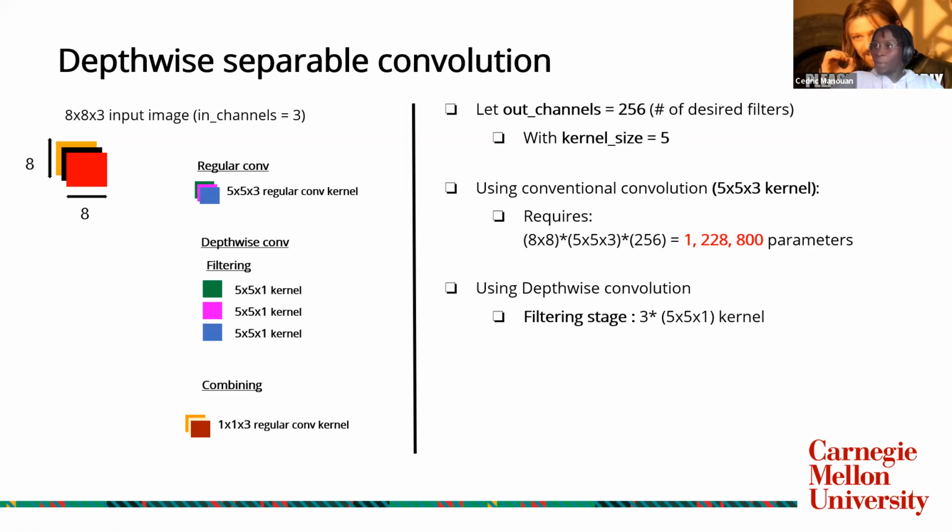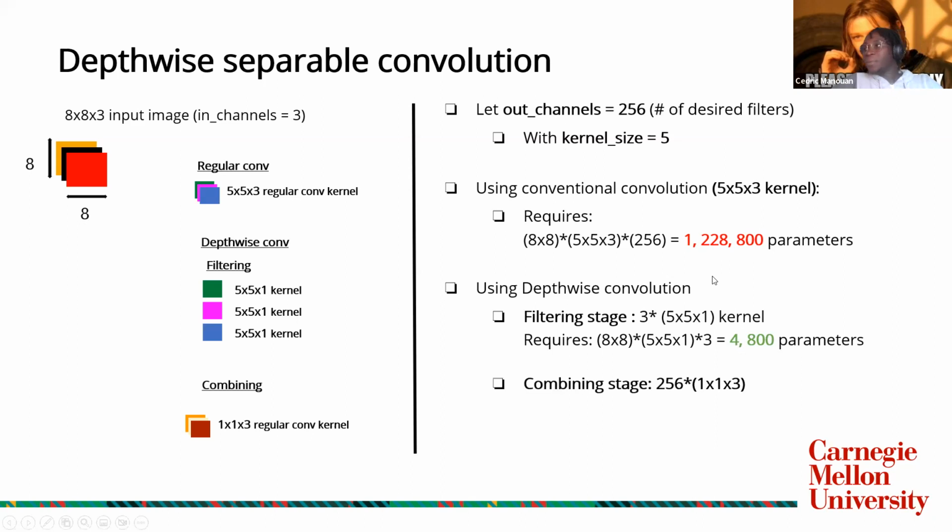However, if you use depthwise convolution, the first stage is the filtering part. We have 3 different filters, 1 for each channel, so the same size is k by k. This is fewer parameters that you're going to use for the first stage.